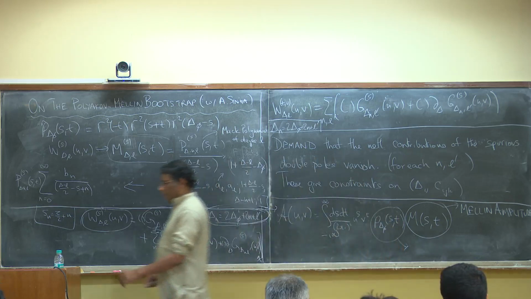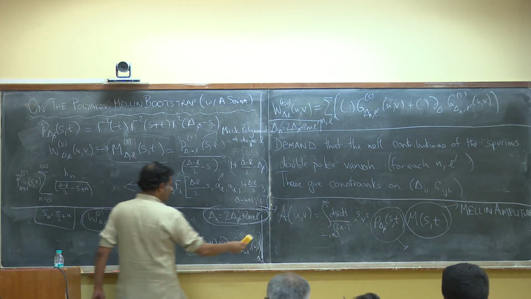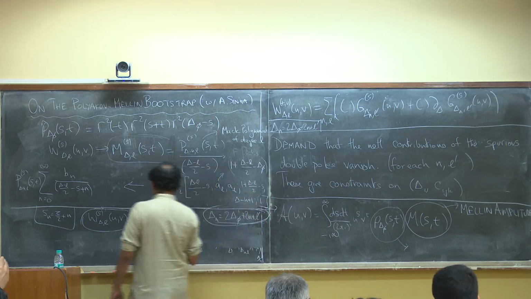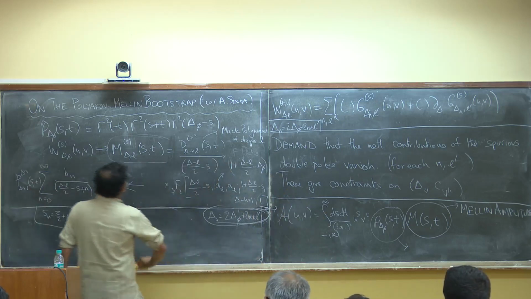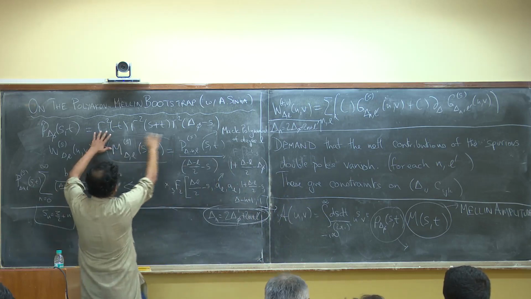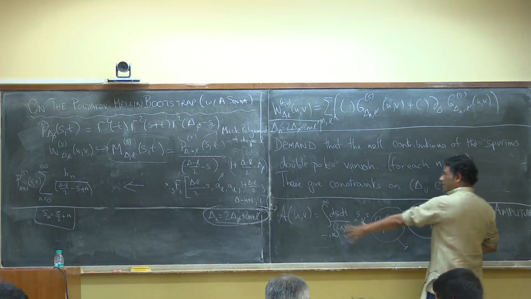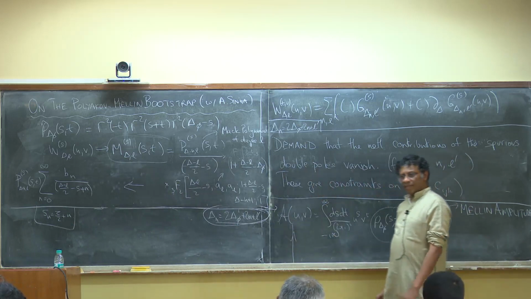So let me come to that. So the measure piece is, you see, what do you do when you do this integral? One way: this is an integral in the complex plane, along some vertical contour like this.